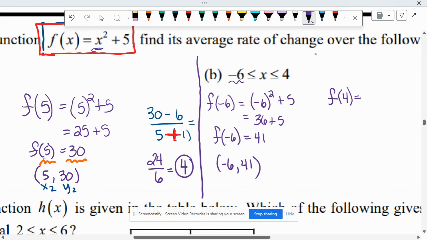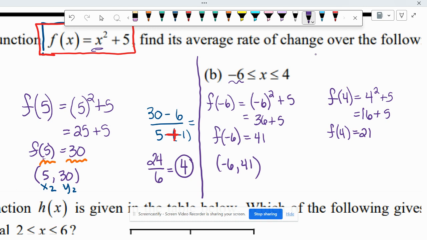So 4 squared plus 5. What is 4 squared? 16 plus 5 is? So f of 4 equals 21. And what ordered pair is that? 4 comma 21. So we have our 2 points.